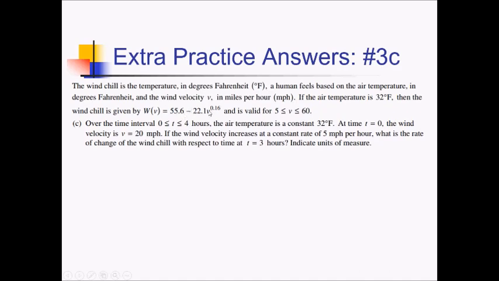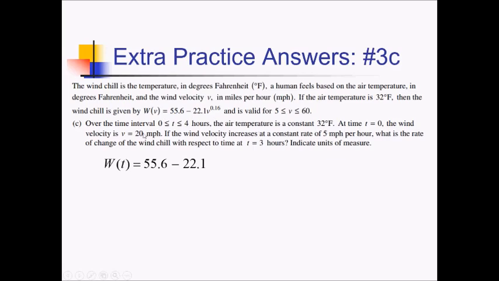Okay, so let me rewrite this. W of t, a new function, is going to be this 55.6 minus 22.1 times, and now instead of writing v, I'm going to write a function that gives me the velocity as a function of time. So we start at velocity 20 miles per hour at time 0, and then every hour we go up another 5 miles per hour.